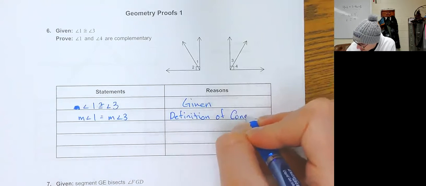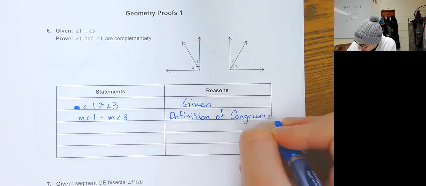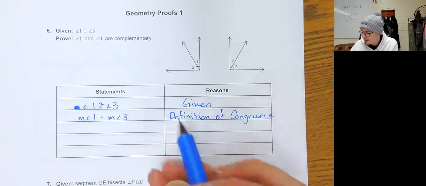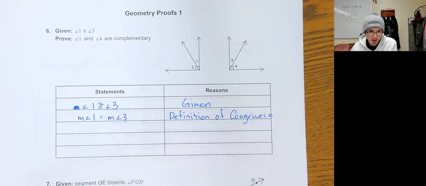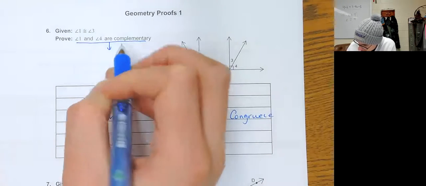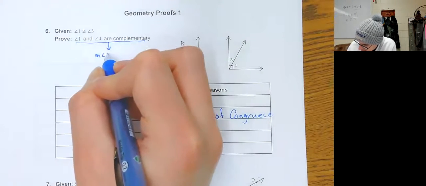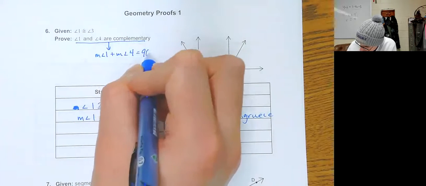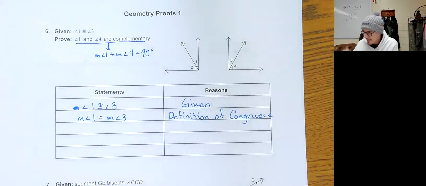Now, this is the same problem that we just went through. I'm going to do it in a shorter version. I immediately change this to this because what I know is the same as we did for the other one. I need the measure of angle 1 plus the measure of angle 4 equals 90 degrees. So what am I going to do?